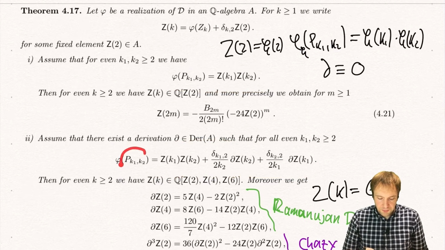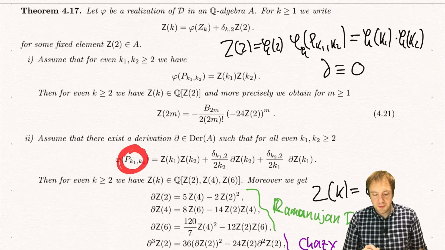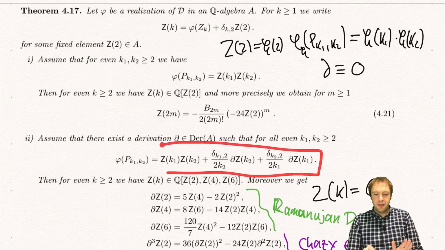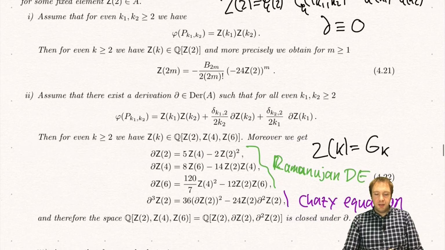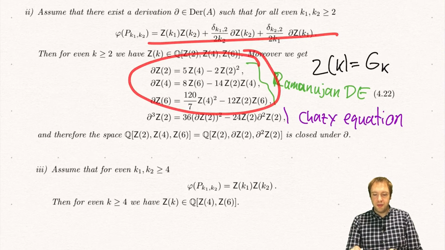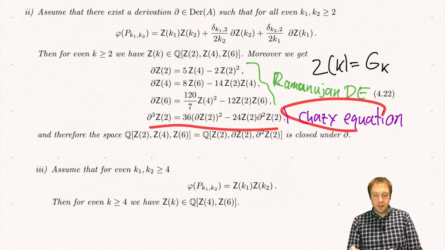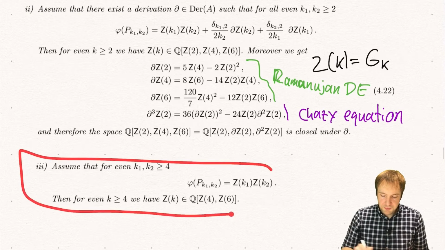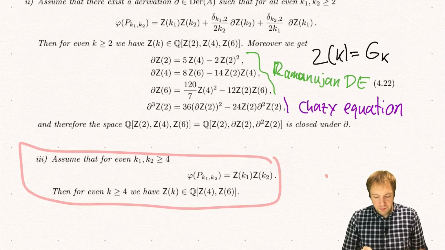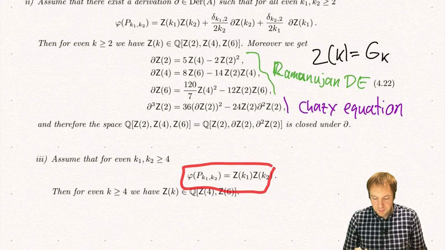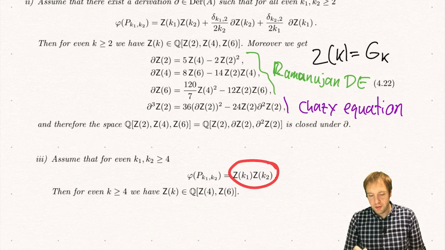So here we can also see that in this realization this product P_{k1,k2} is actually not exactly given by a product, but by some correction terms. But for any realization with this property, we can show that it satisfies the Ramanujan differential equation and this Chazy equation. And the third statement of the theorem is that, assume that in the case when k1 and k2 are greater or equal to 4, the P_{k1,k2} is given by the product of the z's.